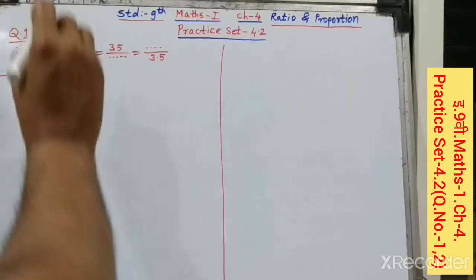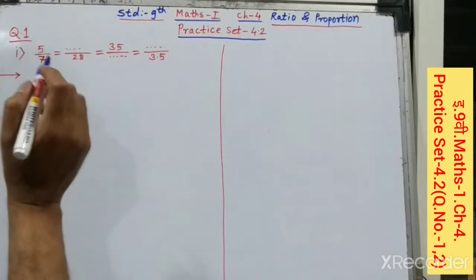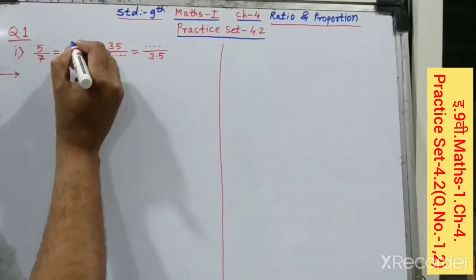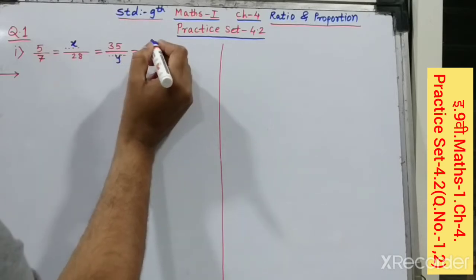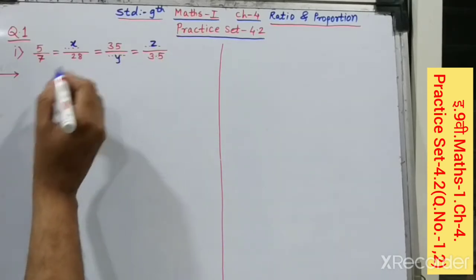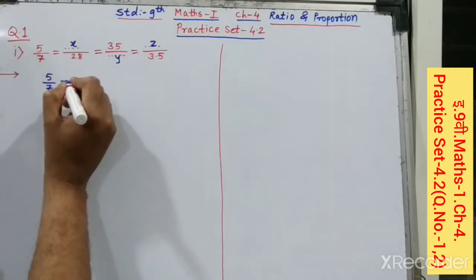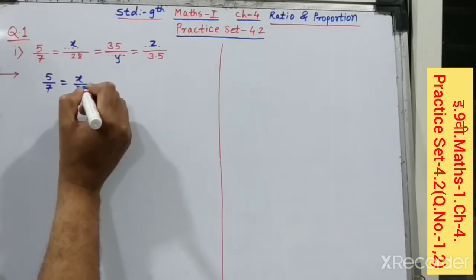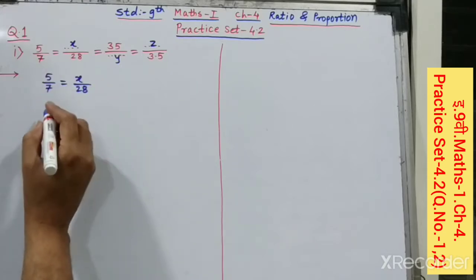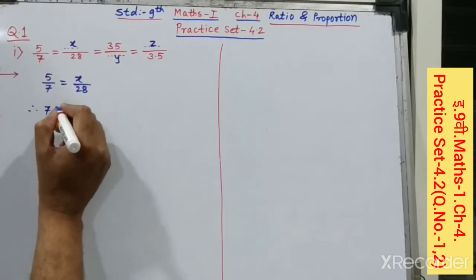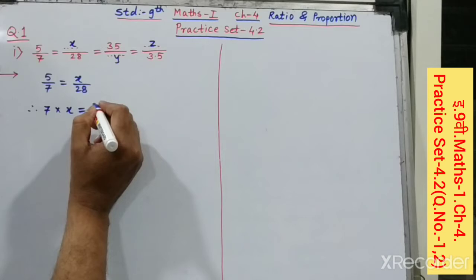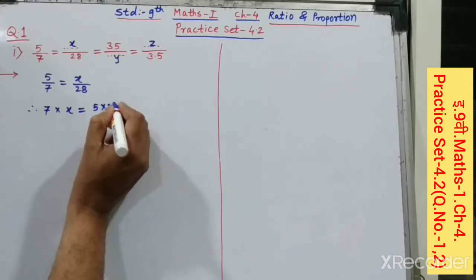Now consider these three fill in the blanks as X, Y and Z. So let us solve the first one. 5 upon 7 is equal to X upon 28. So we will take the cross multiplication here. So 7 into x is equal to 5 into 28.